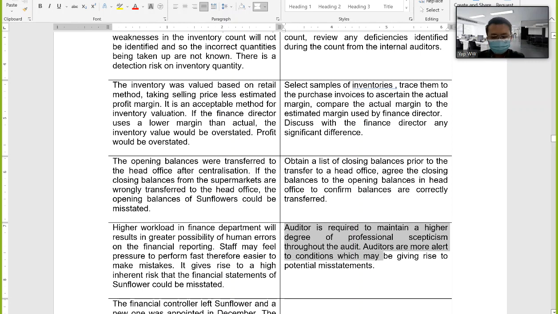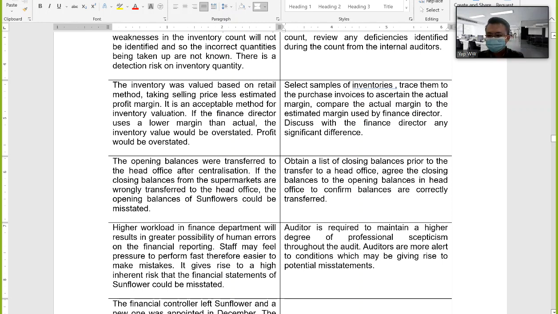Very standardized. Every time you deal with inherent risk, you can write this answer. Okay, this professional skepticism is not easy to maintain. You need training. So I will say that generally, audit juniors will have less professional skepticism, whereas audit seniors will have more, because this skepticism comes from your experience also.